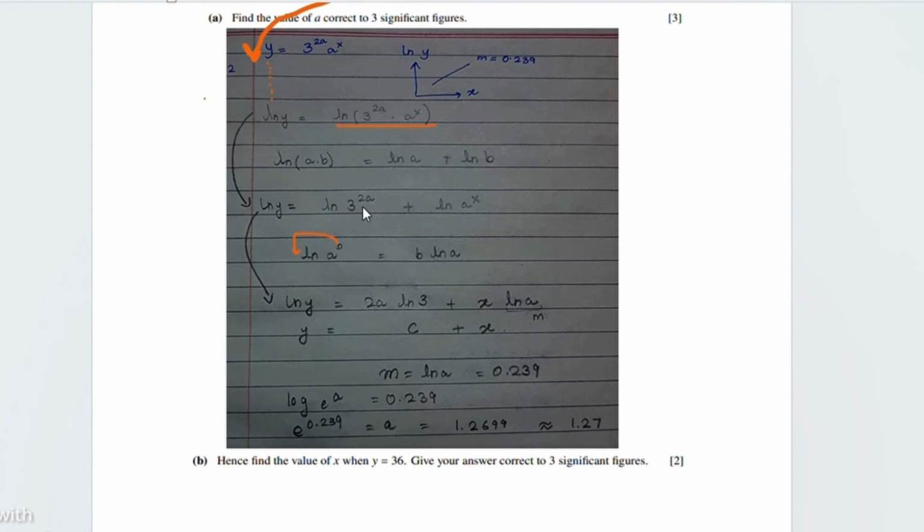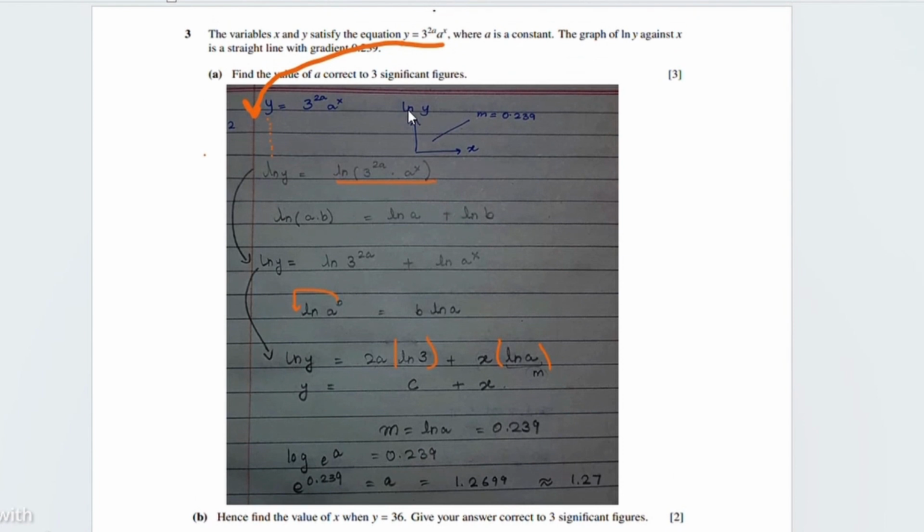So ln of 3 to the power of 2a becomes 2a multiplied by ln 3, as the 2a comes right in front instead of being a power of 3. Similarly, x comes right in front of ln a. Now I get my equation this way.